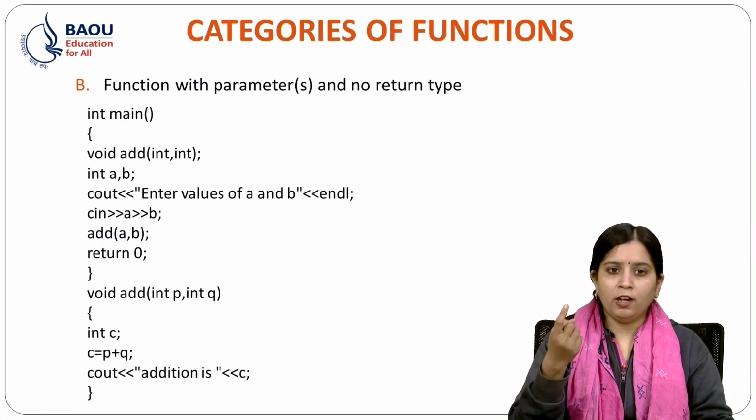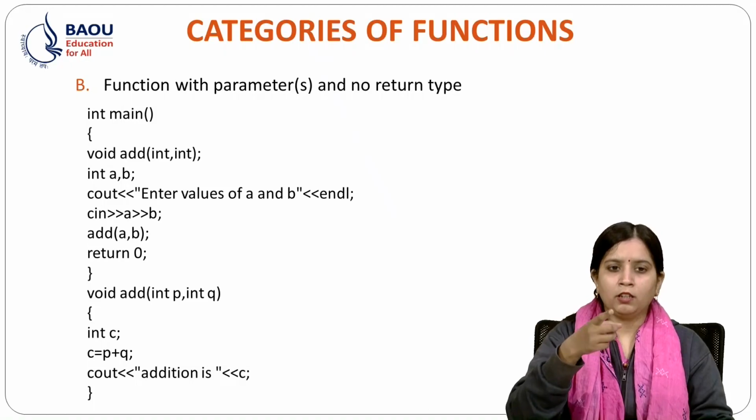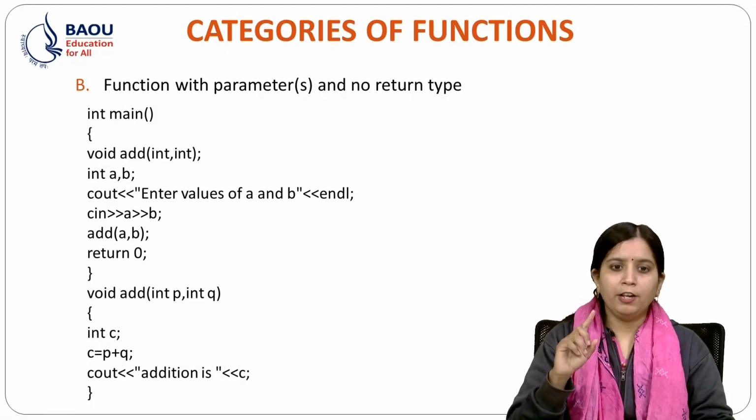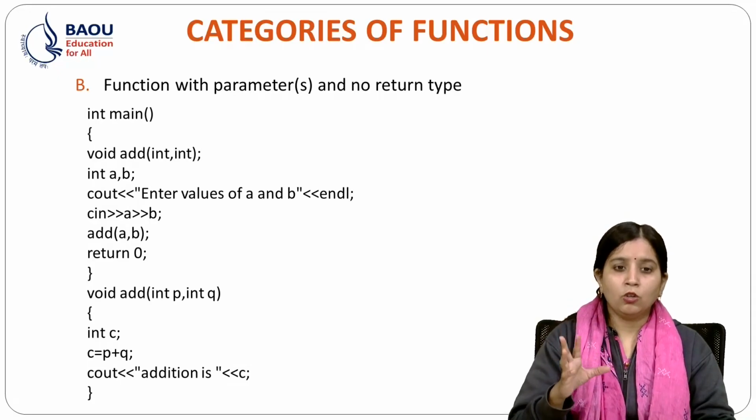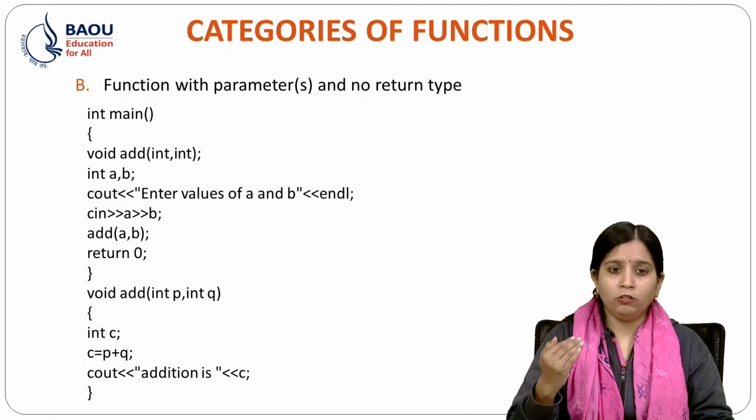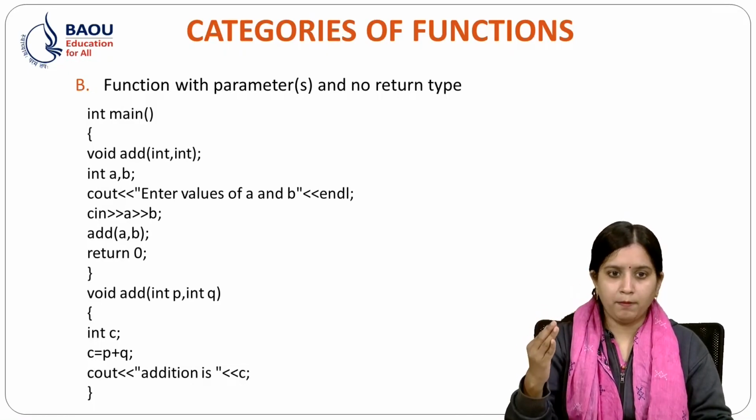Add a and b. So now the compiler will go to void add, and I have int p and int q. So this is the difference of a and b and p and q.